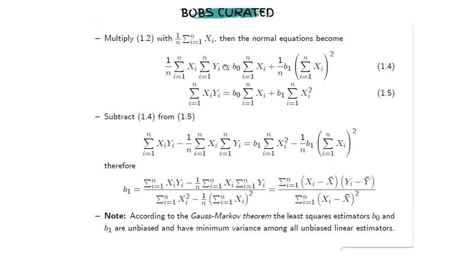The reason why we do that is that those two terms are going to cancel out. We want to solve for b1, so we want to get rid of the b0. So by subtracting, 1.5 minus 1.4, we are going to get this expression over here.